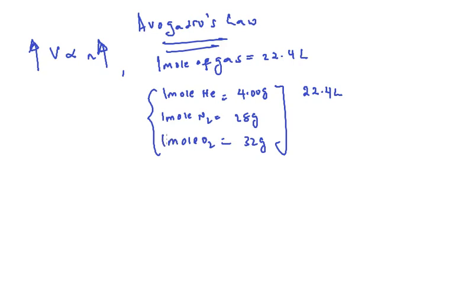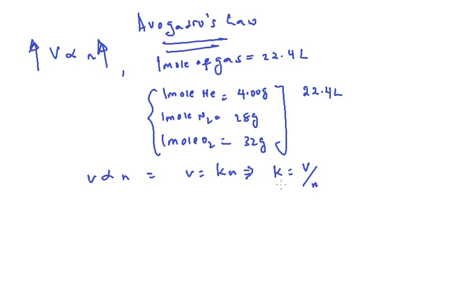So when we want to see how Avogadro's law can be applied, volume is directly proportional to the number of moles, so we can deduce a constant: volume equals K times N. In other words, K would be V over N. You can interpret K here the same way as we did for Charles' law and Boyle's law.